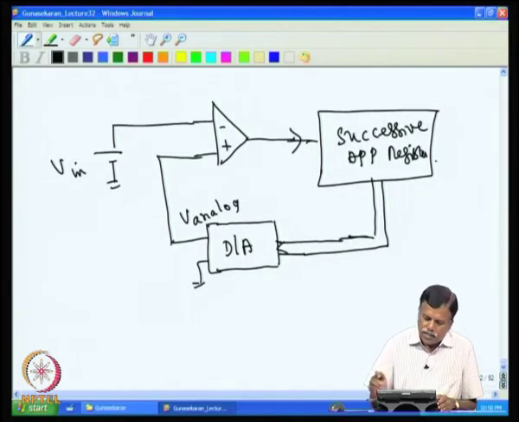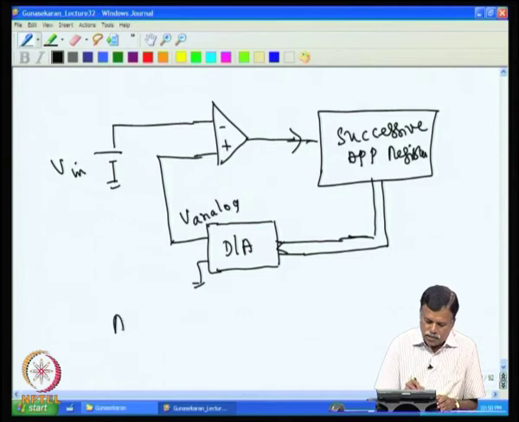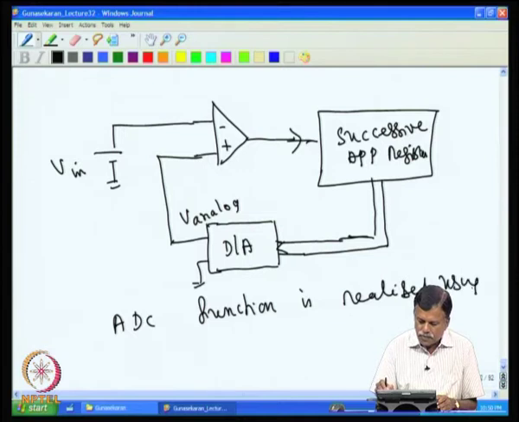So, what is really done is that the A to D converter function is realized using a digital to analog converter.